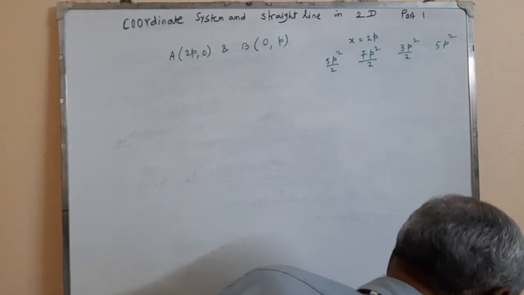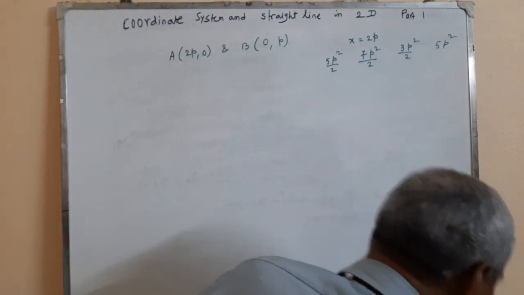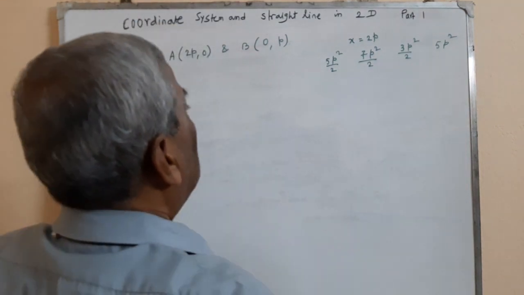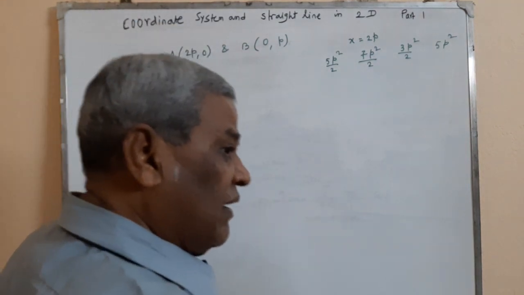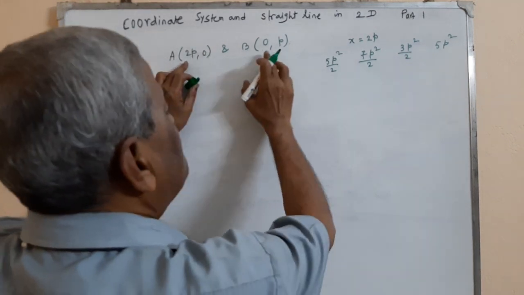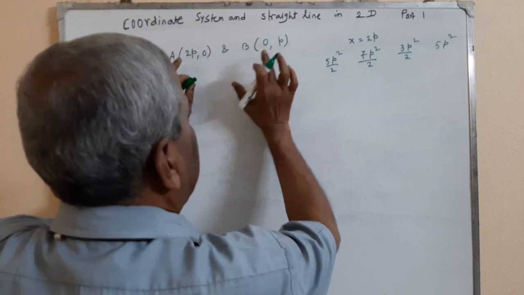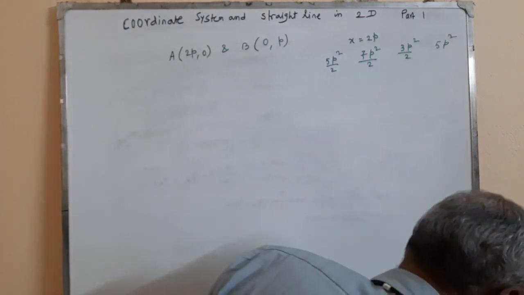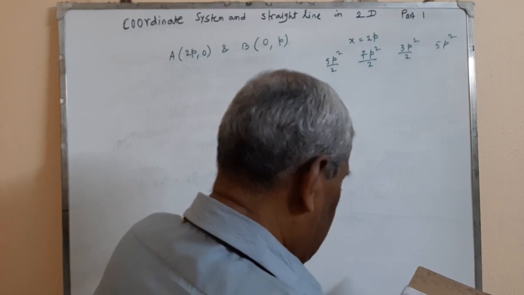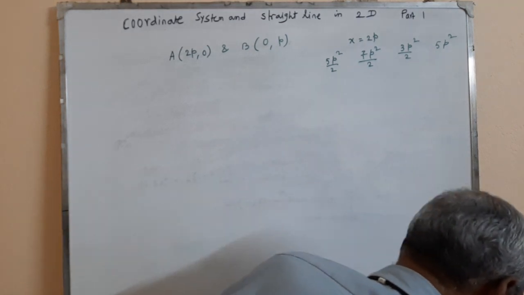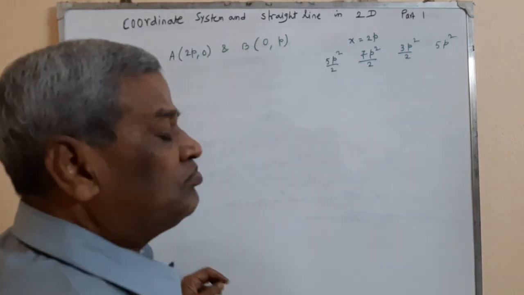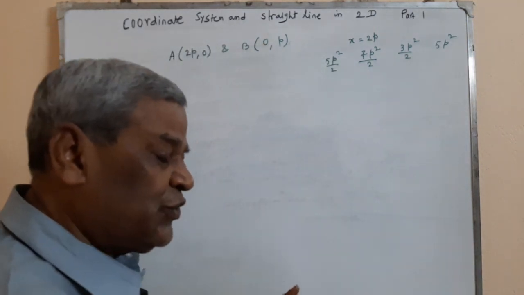In that case, the given information is: one triangle is given, an isosceles triangle. Two of its vertices are this and that, and they form the base of the isosceles triangle.